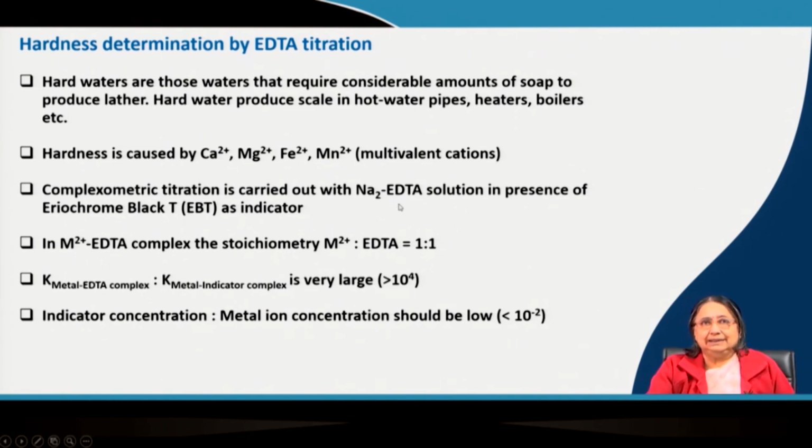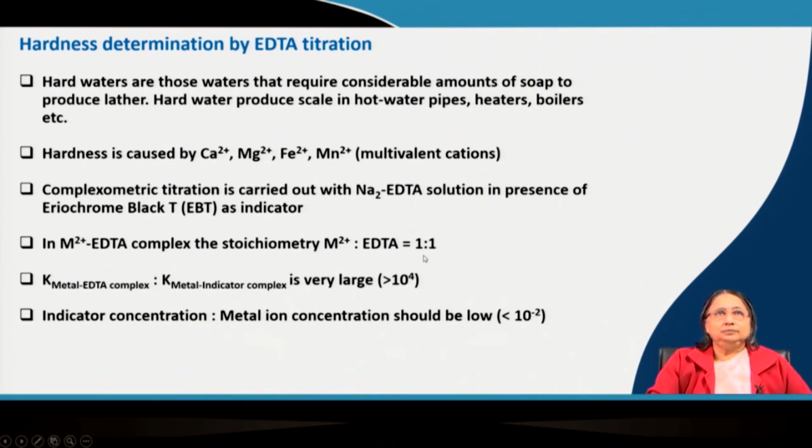Now, the question is why EDTA finally is breaking this EBT calcium magnesium ion complex. And here another thing is very important to mention, that in this metal ion EDTA complex, the stoichiometry is 1:1.